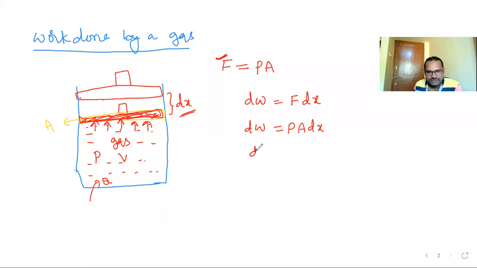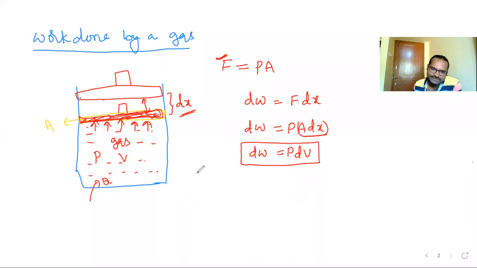So dW is equal to pressure due to gas into area of cross section into dx. What is area into distance? It is nothing but volume. The piston traveled from here to here, so the volume it has displaced is dV. A small amount of work done by a gas we can give like this: dW = PdV.